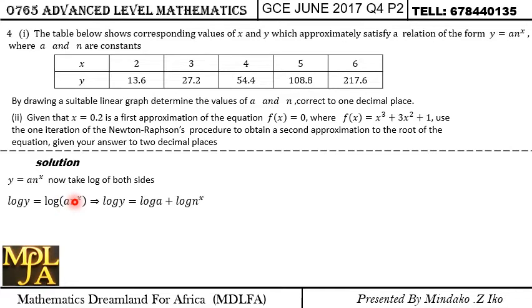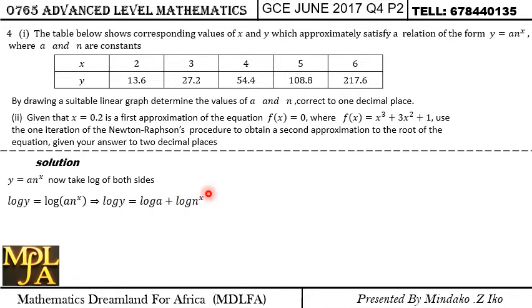So log y equals log of a times n to the power x implies that log y will be equal to log a plus log n to the power x. Since this is a multiplication, I use the addition law. So we now have log y equals log a plus log n to the power x.